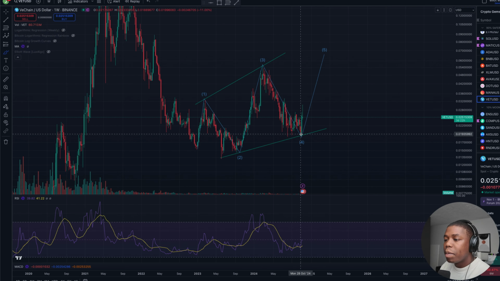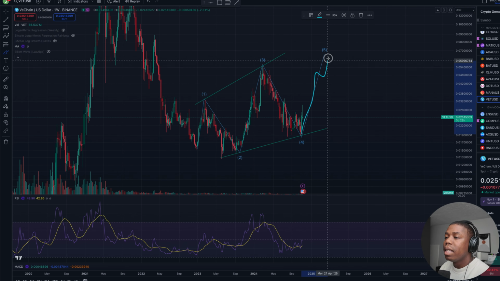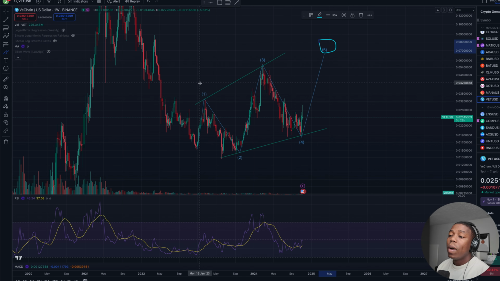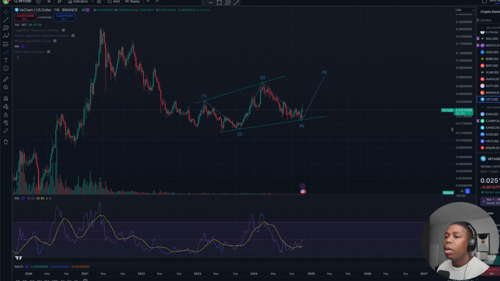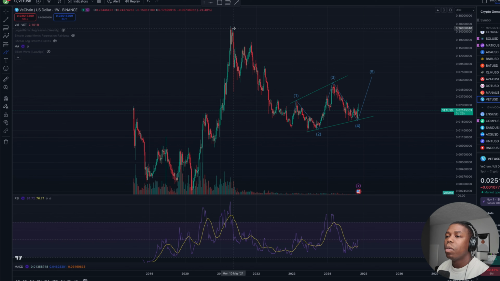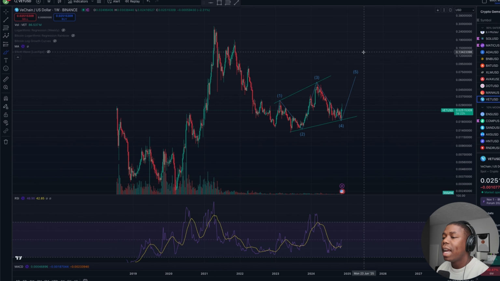And for this pattern, I think that we can see Vechain go somewhere up to 7 cents. I think somewhere between 7 and 8 cents is where we will see Vechain go in this particular pattern. Now, obviously, this is well below the all-time high, which is around 28, almost 29 cents.